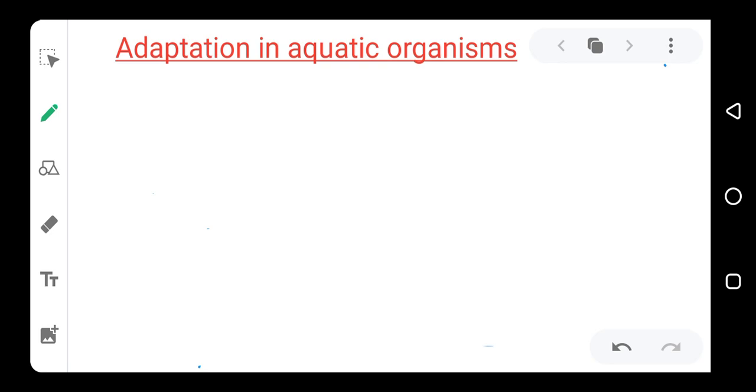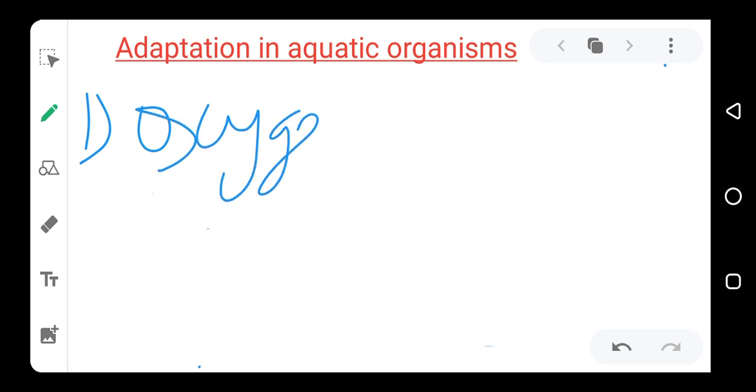We don't see air in water, so you may be asking yourself, how do they survive living inside the water without air? So we have the oxygen issue in water. Then we also know that in some water bodies like the ocean, the salt concentration is just too high that most organisms cannot survive the salt content in the water environment.